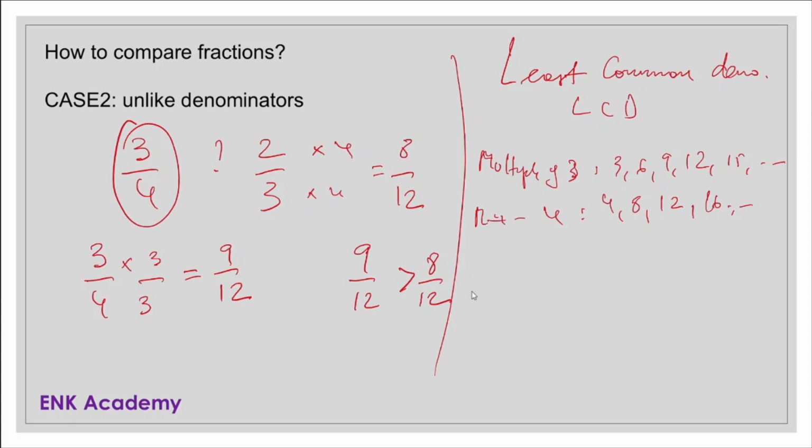And we can see that the least common multiple is 12. That is why 12 is chosen as the value to which we bring the denominators, so that it is easy to compare two fractions.